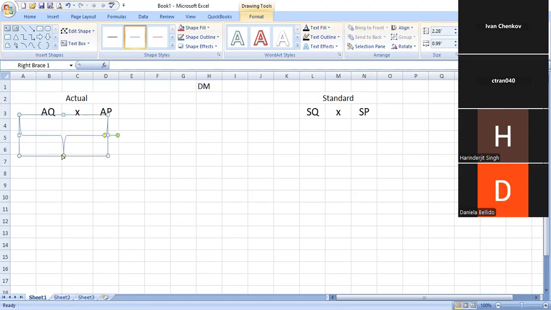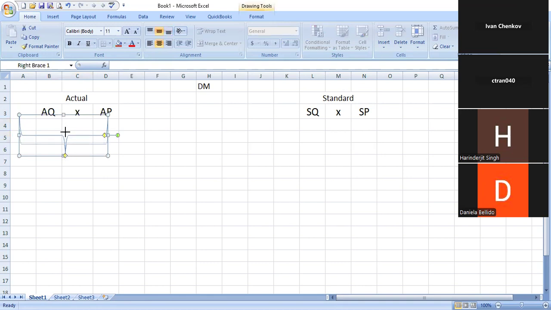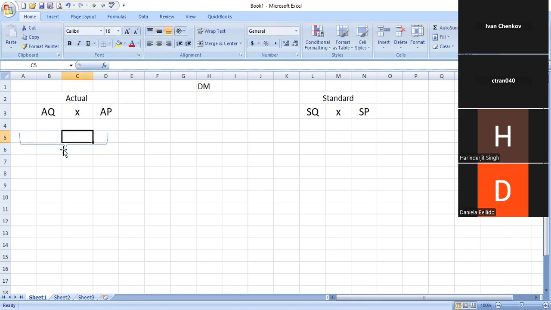Like this. So that will be my actual cost here. Now I have it perfect. That will be my actual, and that will be my standard here.